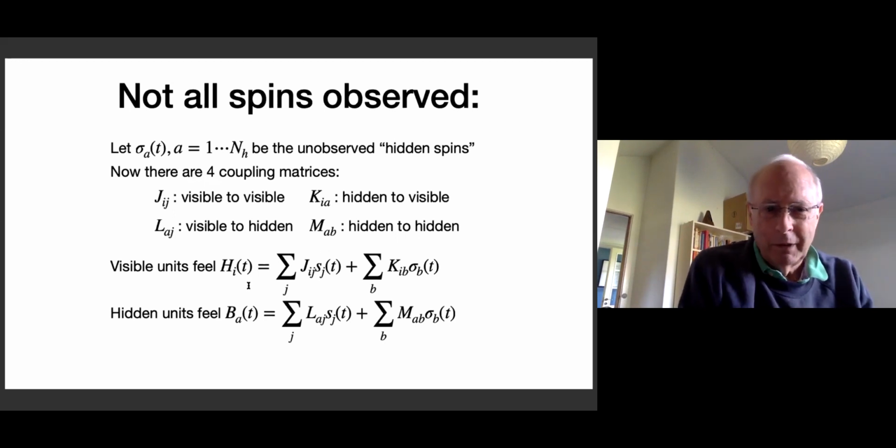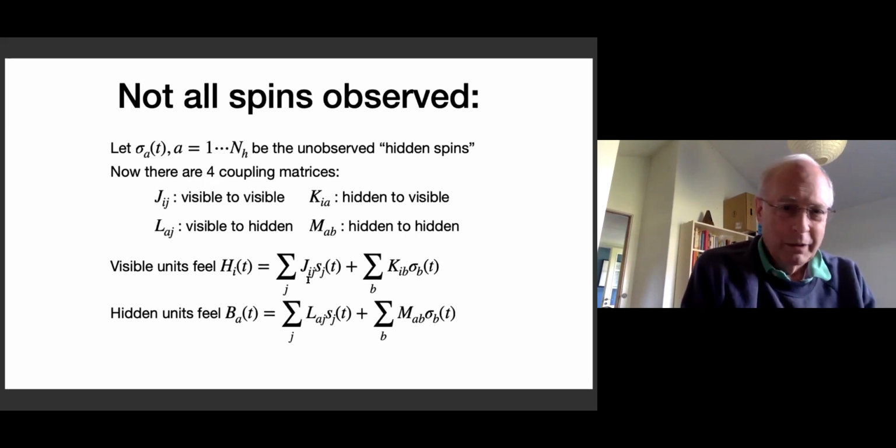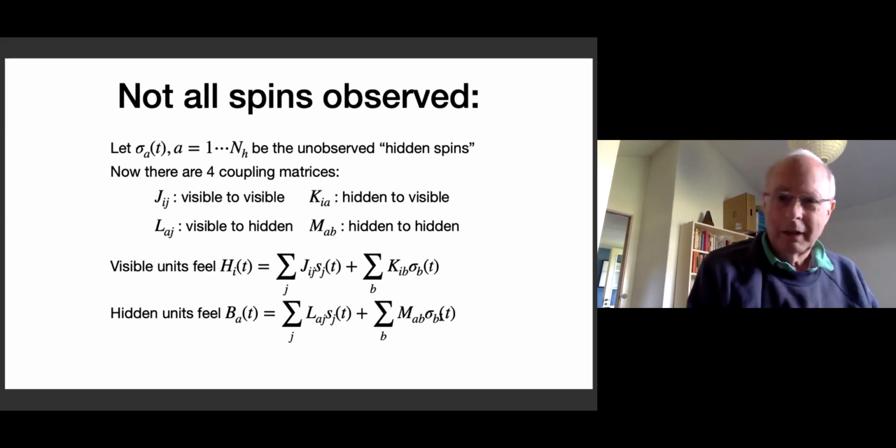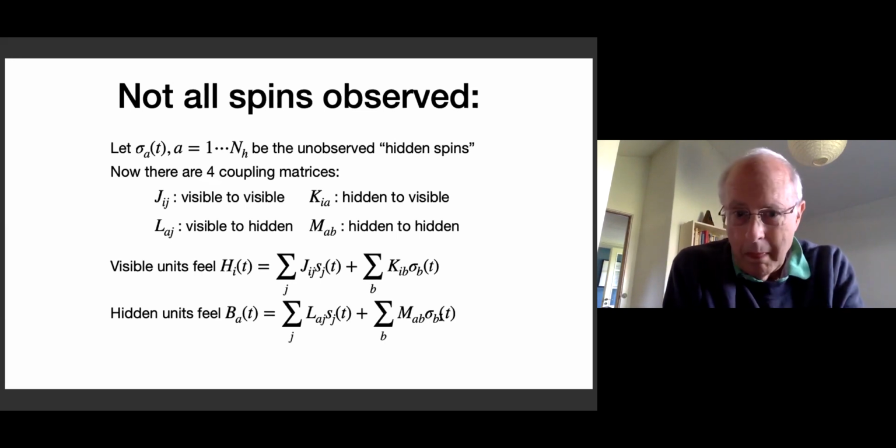So now the visible units feel an H, which is like the one from the other visible units, plus the sum of K_iB times sigma_B at each time step. And similarly, the hidden units feel something proportional to the visible ones plus the sum of M_AB sigma_B. So these are interactions among the hidden ones.